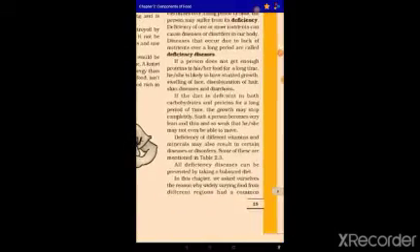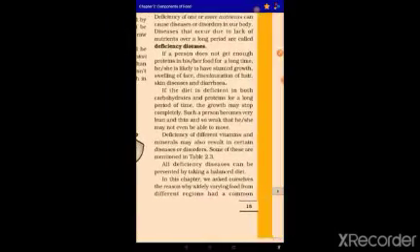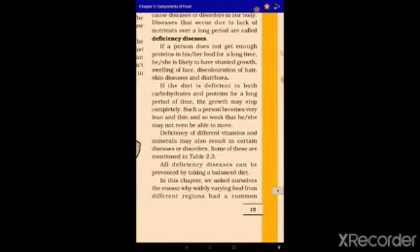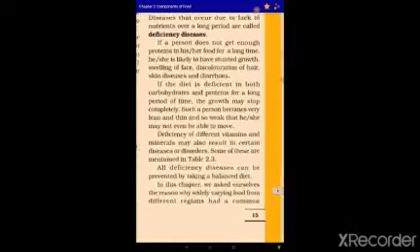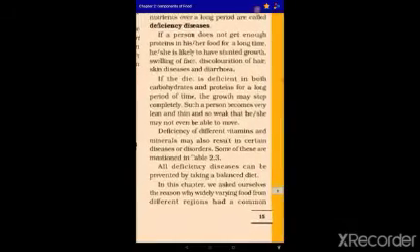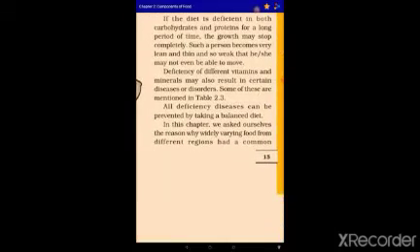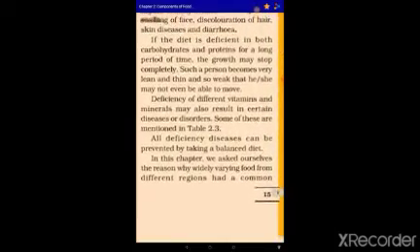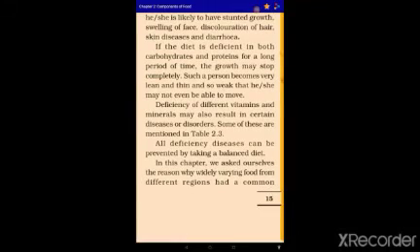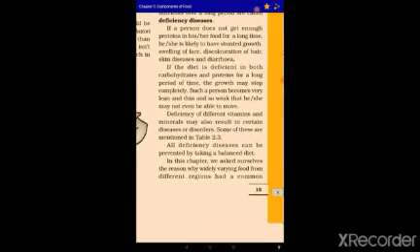If the person does not get enough proteins in his or her food for a long time, she is likely to have stunted growth or swelling of the face, discoloration of hair, skin diseases and diarrhea. If the diet is deficient in both carbohydrates and protein for a long period of time, the growth may stop completely.